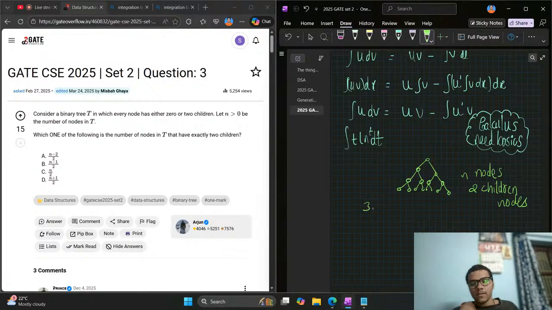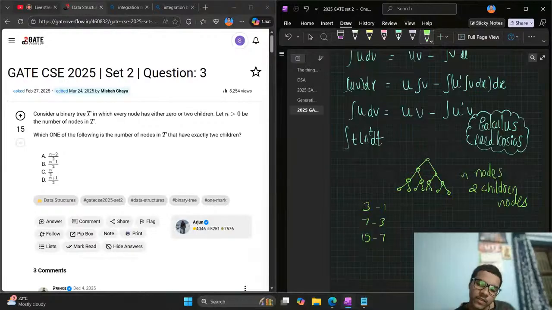If there are 3 nodes, then the 2 children node will be 1. If there are 7 nodes, then it will be 3. If there are 15 total nodes, then there will be 7. So n minus 2 by 2, 3 minus 2 by 2.